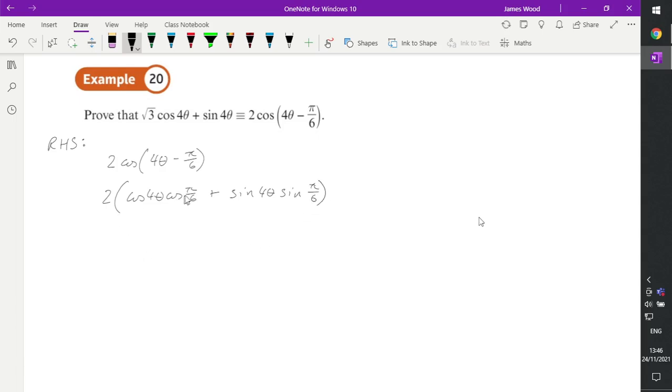Then I can work out cos pi over 6 as a number and sine pi over 6 as a number. So this is then going to be root 3 over 2 cos 4 theta plus half sine 4 theta, and expand it by 2, so it's root 3 cos 4 theta plus sine 4 theta. And then that's the answer that they're after.